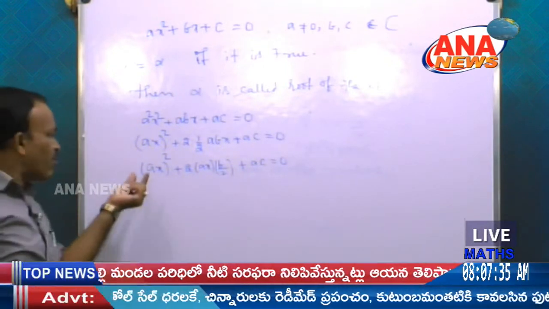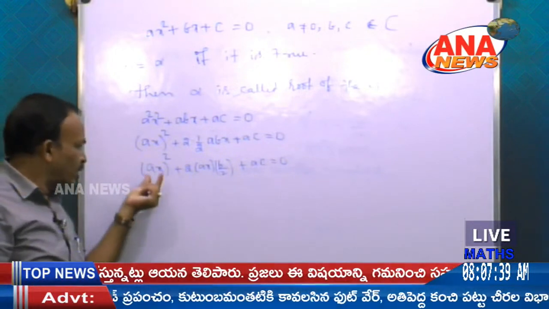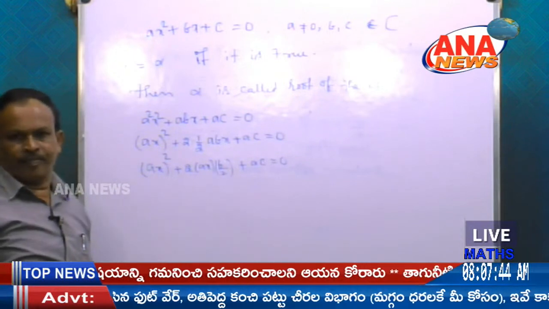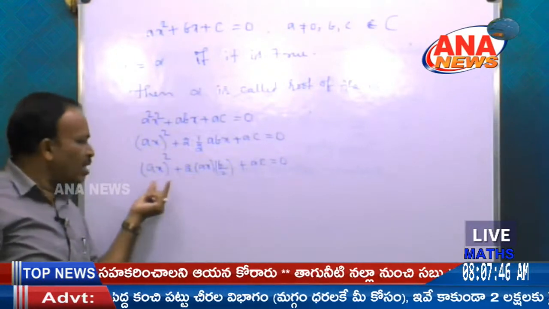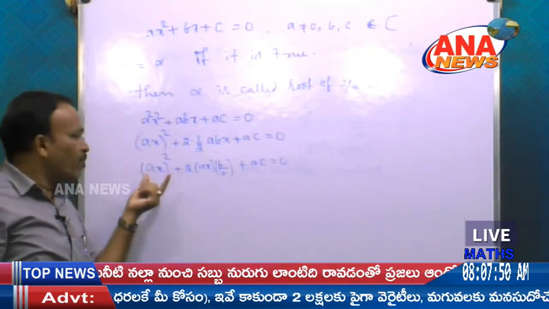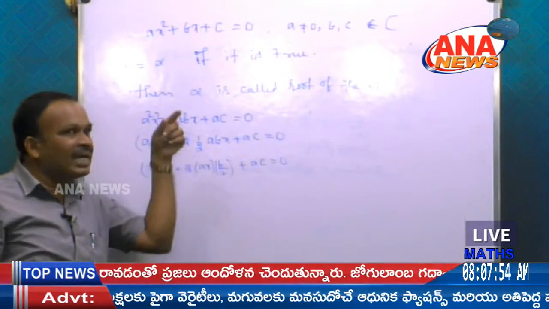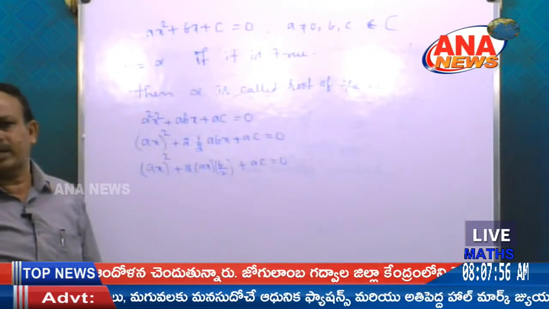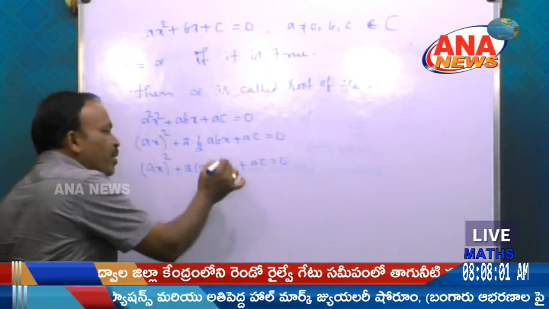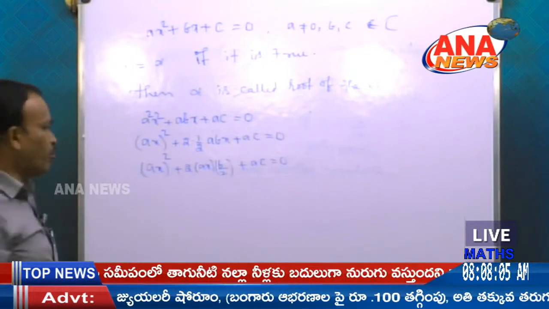Okay, now see the first two terms. These two terms are in the form of a square plus 2ab. So, for a complete square, a square plus 2ab plus b square, that is a complete square. So, add the second term's square, b by 2 whole square, on both sides.